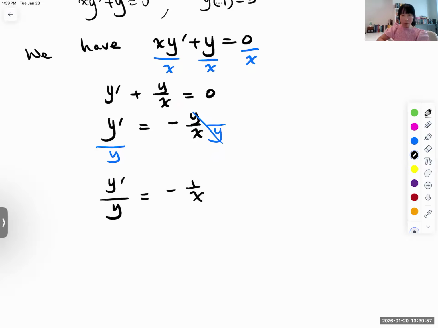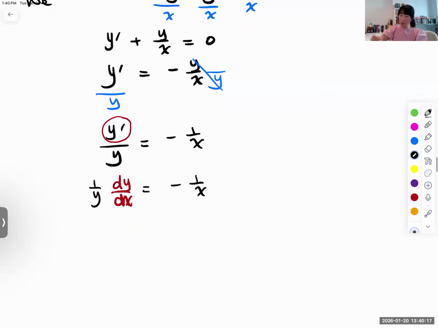All right. So then we almost set it up, right? So we have 1 over y, and that will be dy over dx equal to negative 1 over x. Yeah. Now we take the integral of both sides.